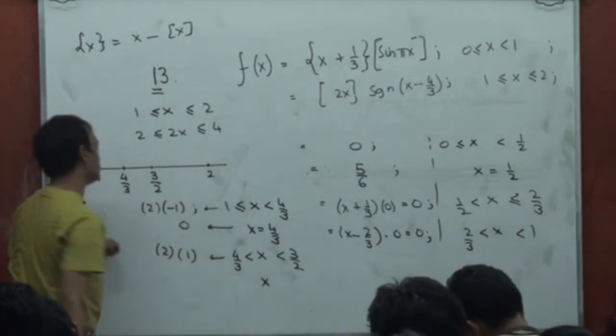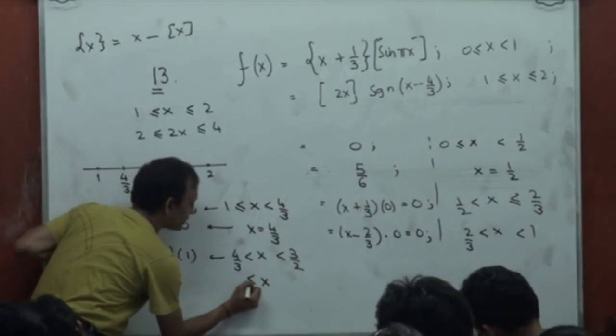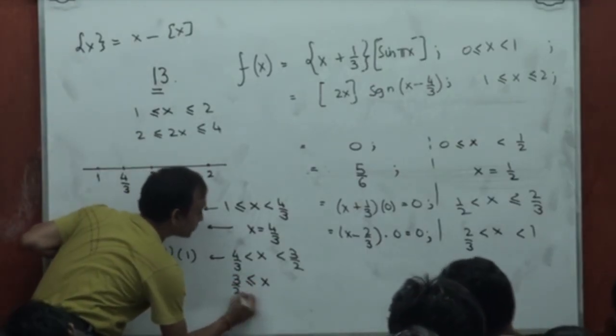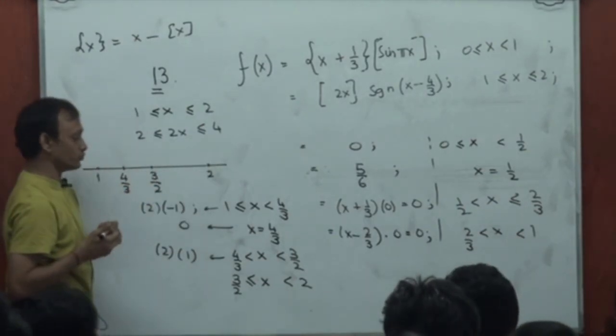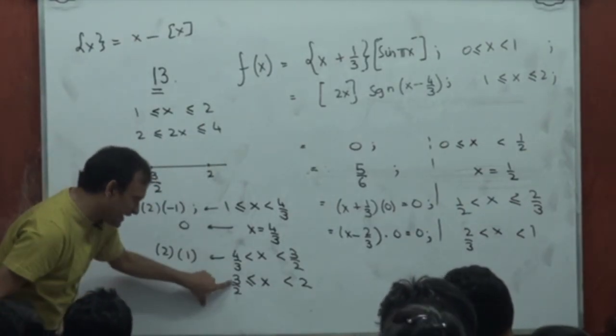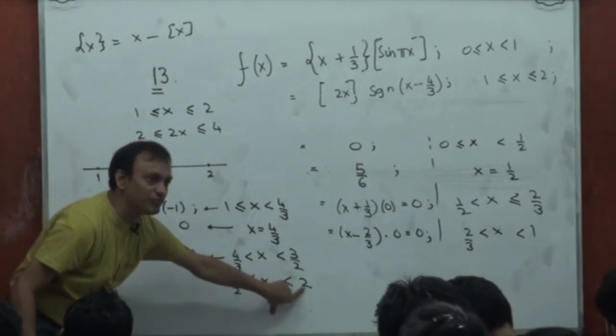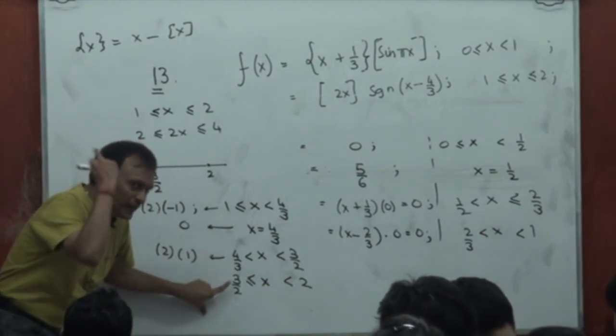For x greater than or equal to 3/2 but less than 2, that's the next. 2x will be greater than or equal to 3 but less than 4. So box of 2x will be 3.